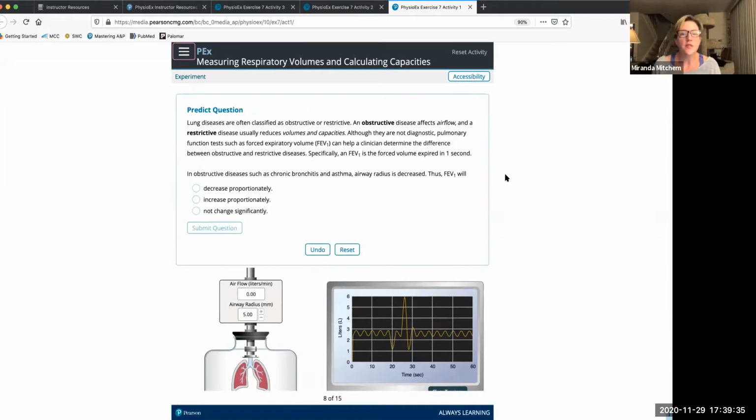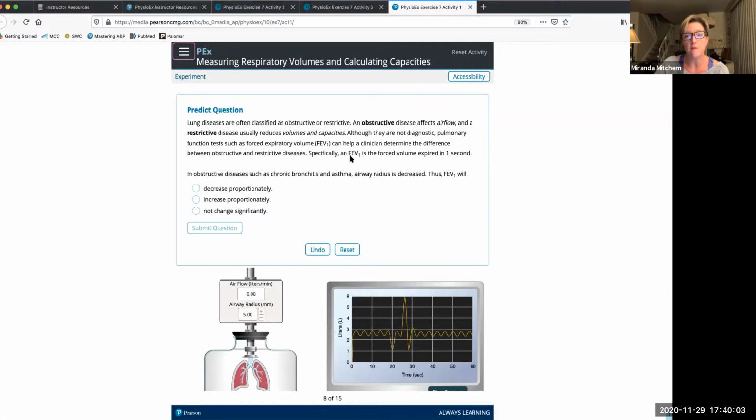Okay, lung diseases are often classified as obstructive or restrictive. Obstructive affects airflow, whereas restrictive is affecting our volumes and capacities, tying to the loss of elastance and compliance. So pulmonary function tests can help a clinician determine the difference between obstructive and restrictive.